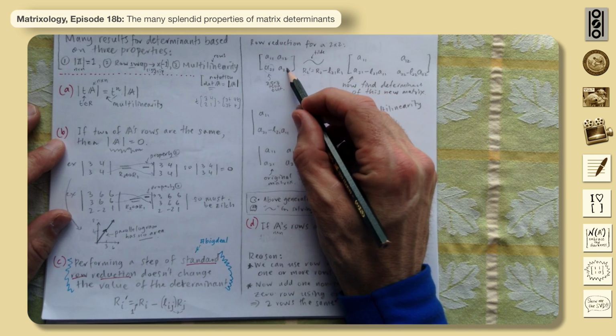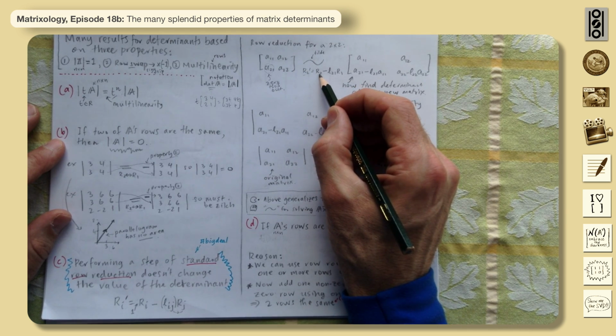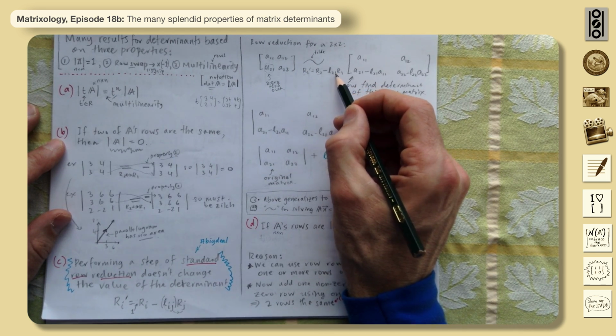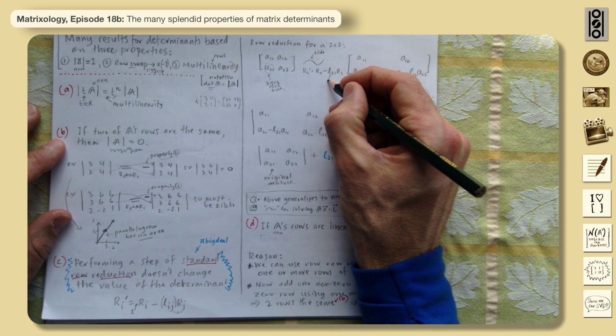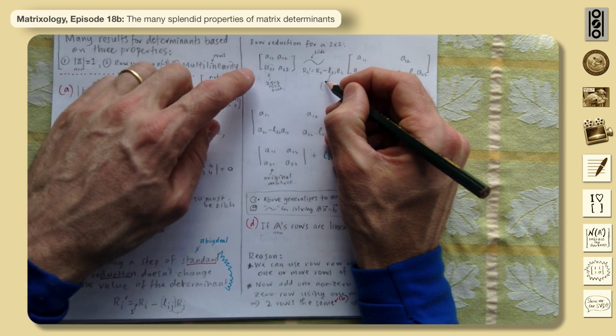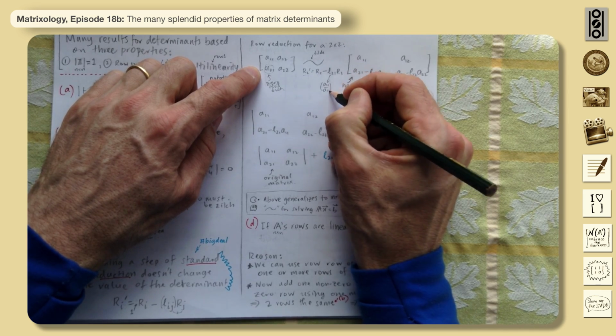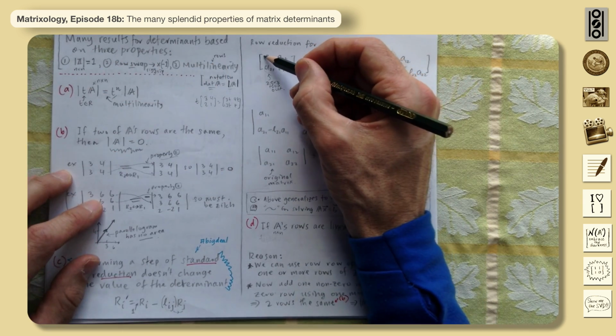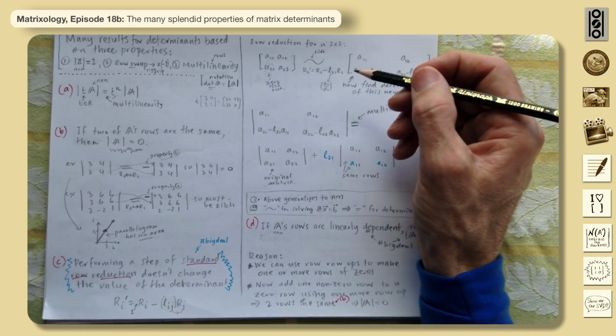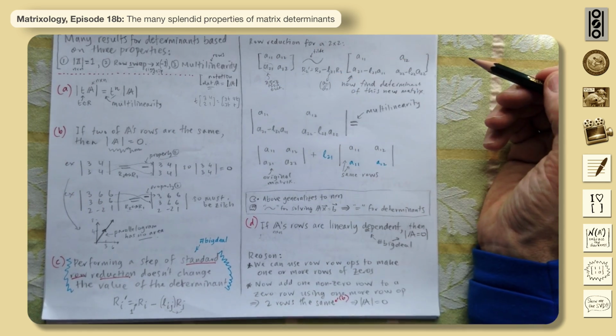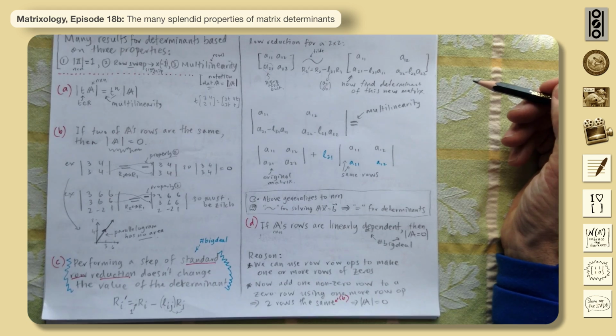Row 2 prime, the second row, is equal to the old row 2 minus L21 times row 1. And as we know, this is A21 divided by A11. This is a pivot up here, and that will be our multiplier. We'll just leave it as L21.